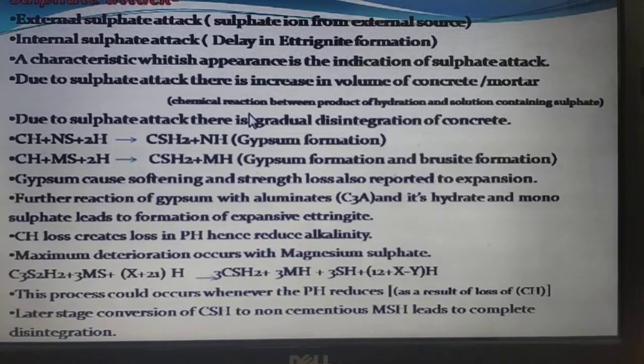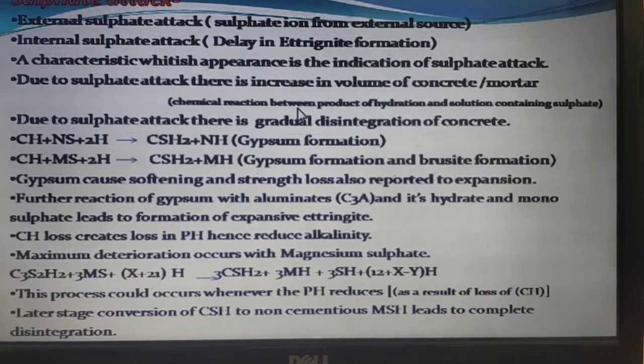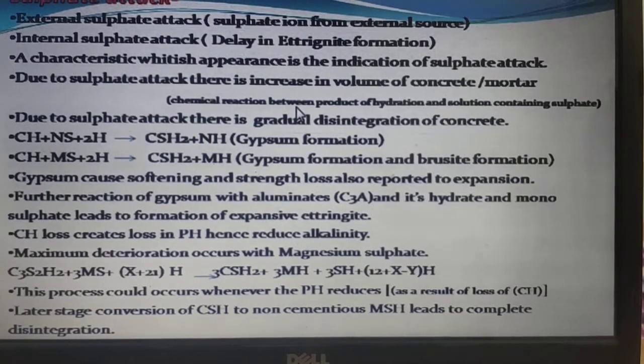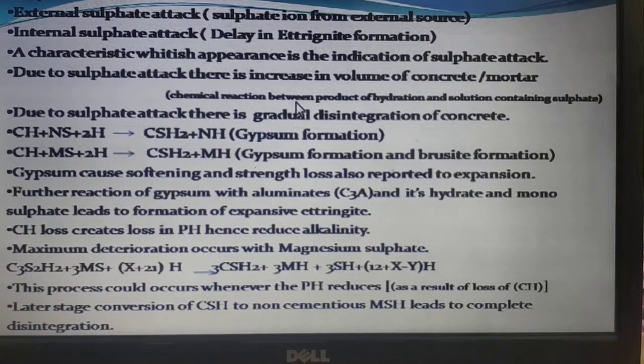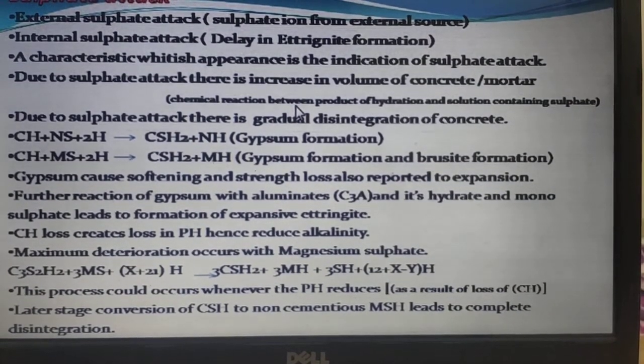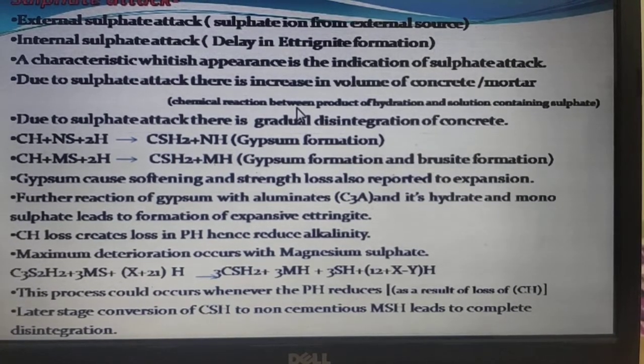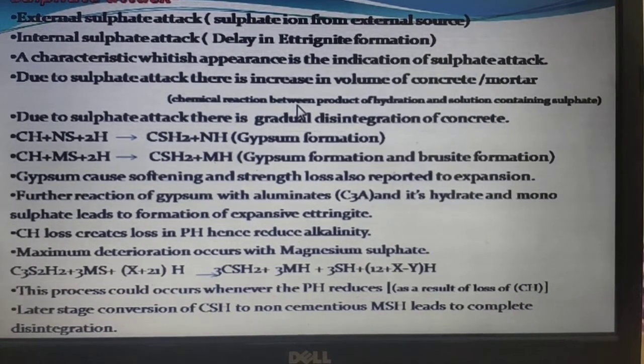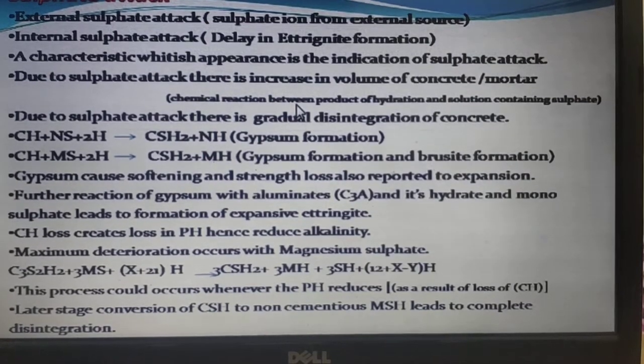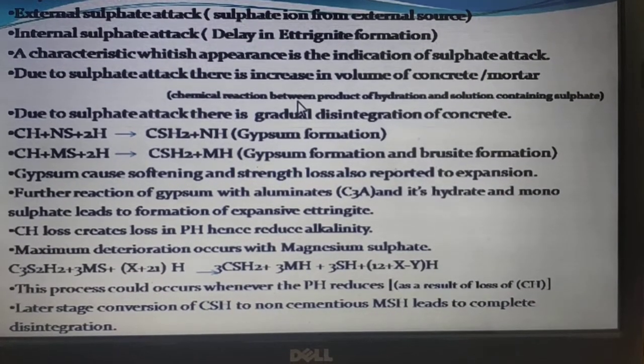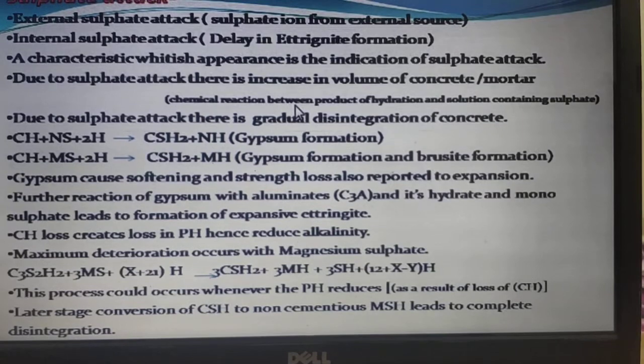It is formed due to the chemical reaction between the products of hydration and the solution containing the sulphate. This volume change happens because of the reaction between the product of hydration and the solution containing sulphate. Due to sulphate attack, there is a gradual disintegration of concrete.